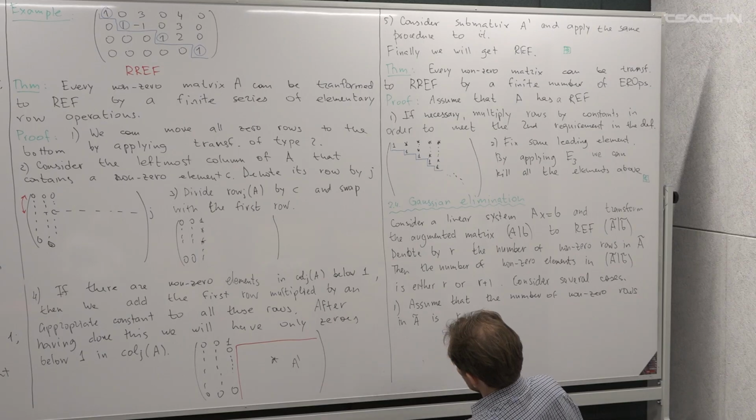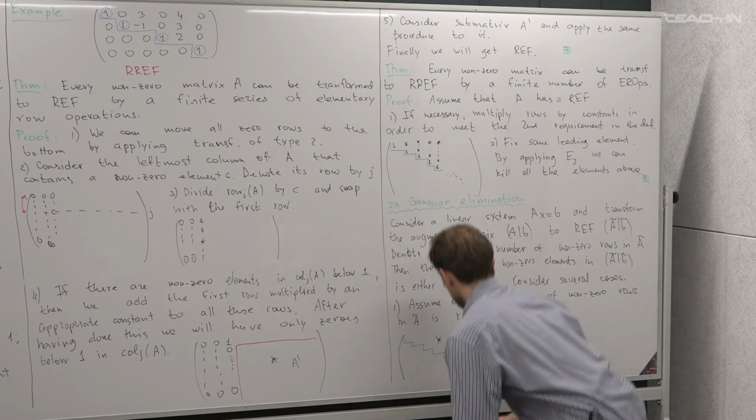So we have r non-zero rows in the left part of our matrix, and we have one additional non-zero row in the right-hand side part. Here we have this staircase-like structure, and we have one additional step there. So we have some element b tilde r plus 1 here, and it is non-zero.